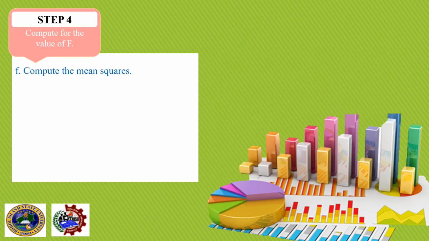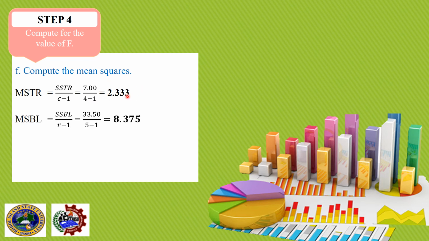Step number 4 again is to compute the mean squares. For the mean squares due to treatment, we have SSTR over C minus 1. Since our SSTR is equal to 7, we have 7 divided by 4 minus 1, and that is equal to 2.33. Next, we have MSBL using this formula.